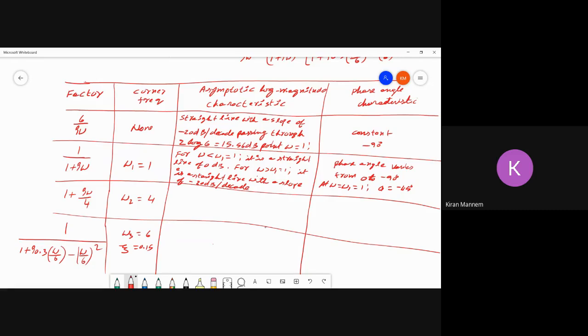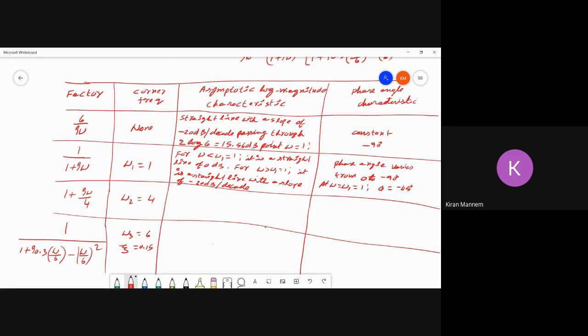So here again, it's a single zero. We have 2 straight lines, before 4 and after 4. Before 4, again it's a straight line with 0 dB. After 4, it's a straight line with slope plus 20 dB per decade. Since it's a zero, we'll get a plus value.